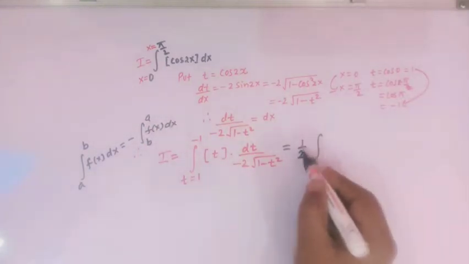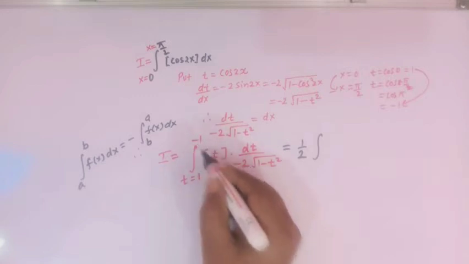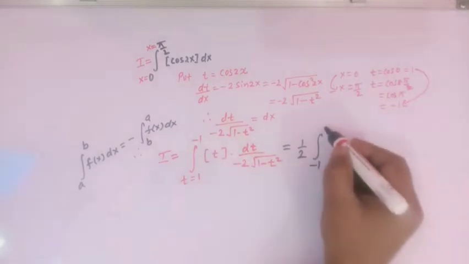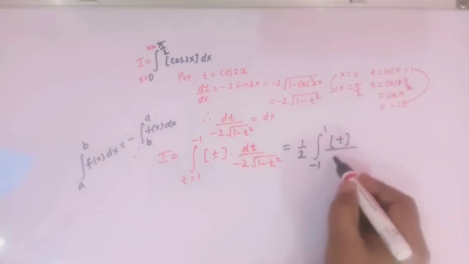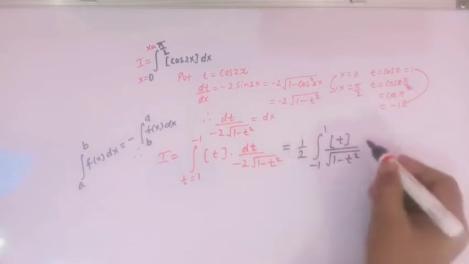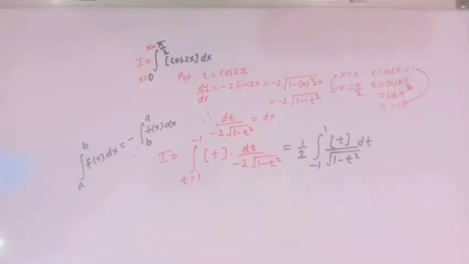So we have half, and we can interchange the limits. Here we have minus 1, here we have 1, greatest integer t divided by square root of 1 minus t square, and dt.